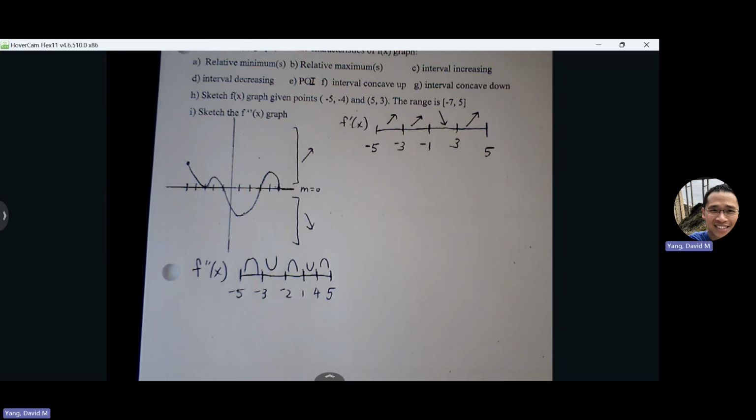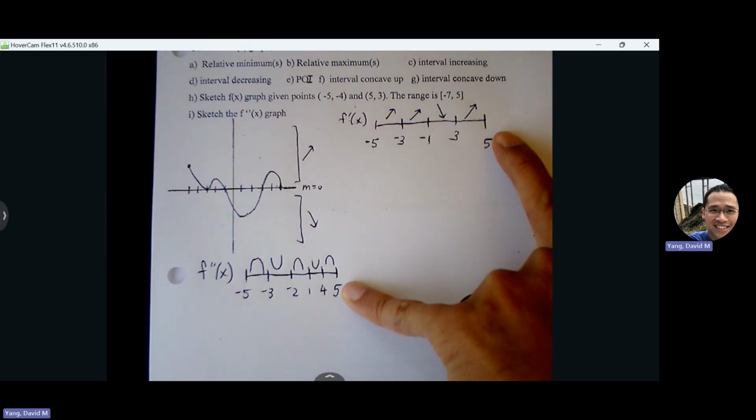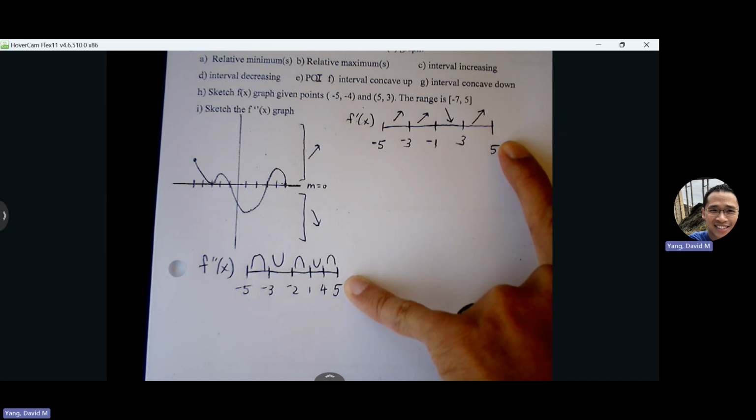We'll do the graphing at the end. Any questions about the sign lines? I think this is the most important part of the problem, being able to get this correct.